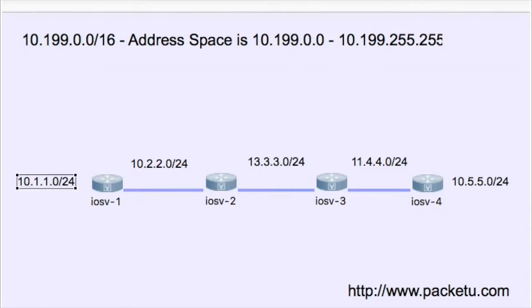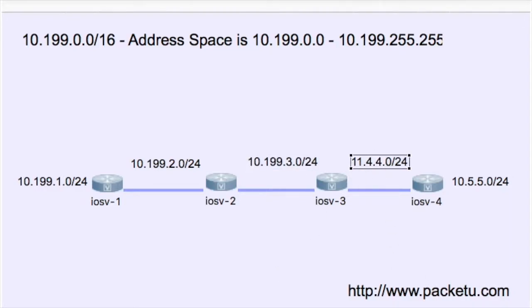I'm going to make this network contiguous again. We're going to go 10.199.1, 10.199.2, 10.199.3, 10.199.4, 10.199.5.